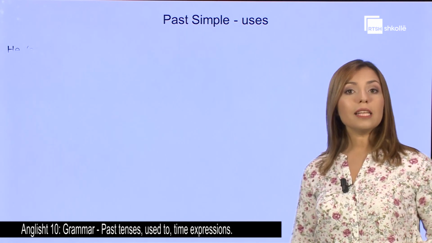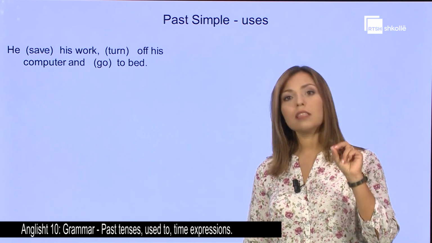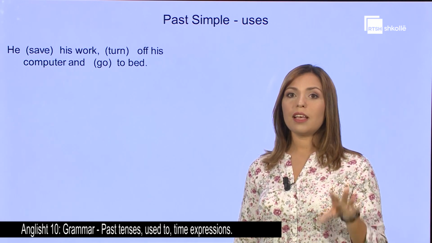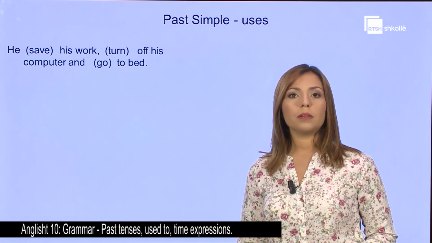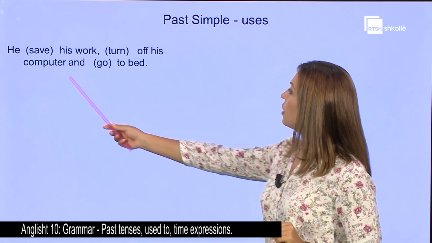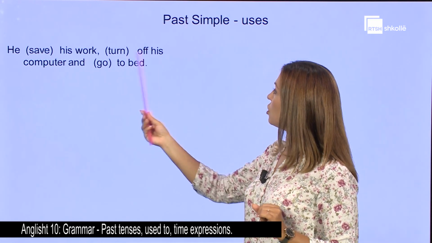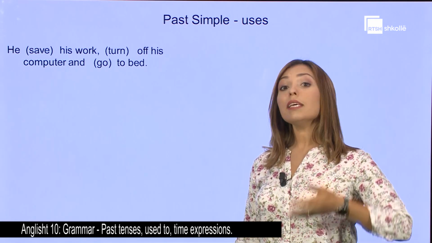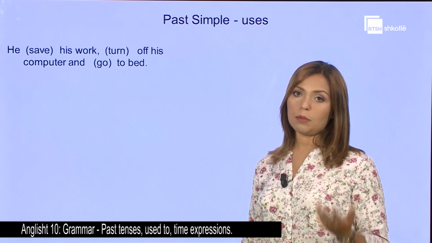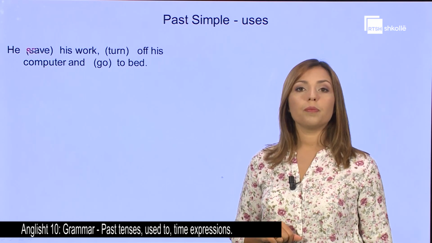Alright, let's practice now. Practice means you find the correct answer and then we check together. So past simple. He, the verb is save his work, turn off his computer and go to bed. This happened in the past. I am stating to you that. So, what did he do?